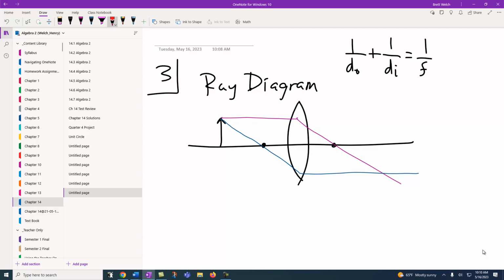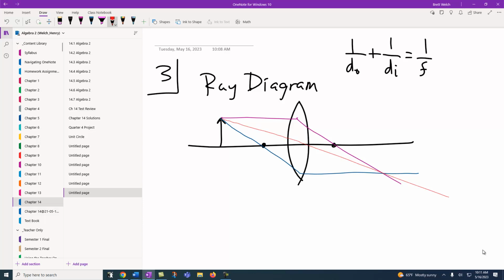And ray 3 should be straight through the center, looking like that. Again, you should have models of these in your notes.